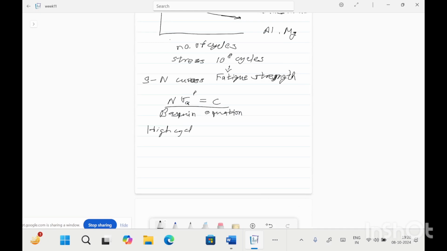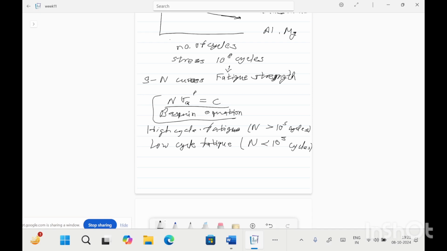In high cycle fatigue, the number of cycles is greater than 10 raised to power 5 cycles, and for low cycle fatigue, the number of cycles is less than 10 to the power 5 cycles. For high cycle fatigue, the Basquin equation works.